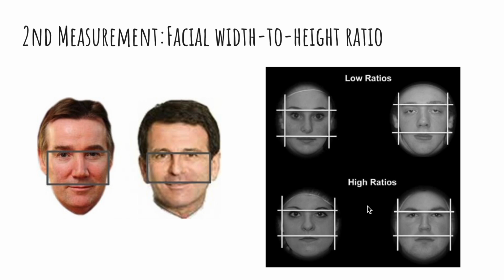a low ratio means that you have a longer face. When you divide the width of your face by the height of your face, you get a smaller ratio. And if you have a wider face, you have a higher facial width to height ratio.